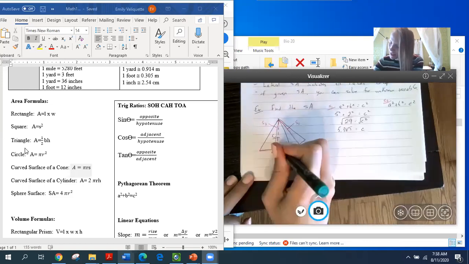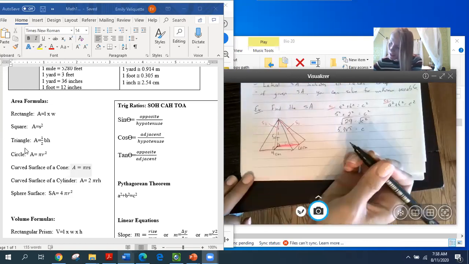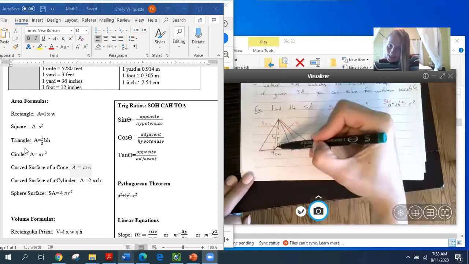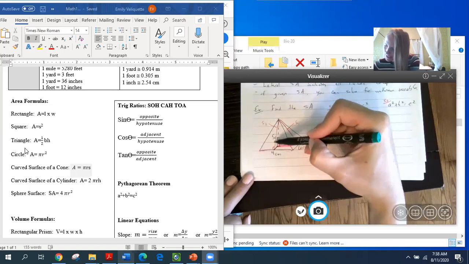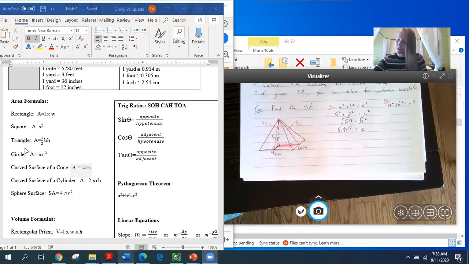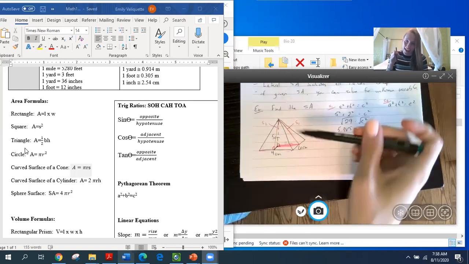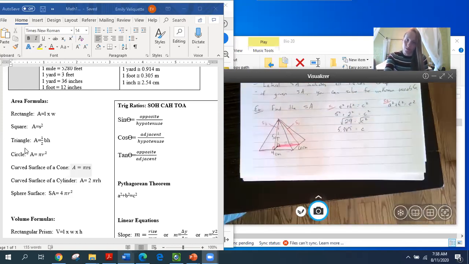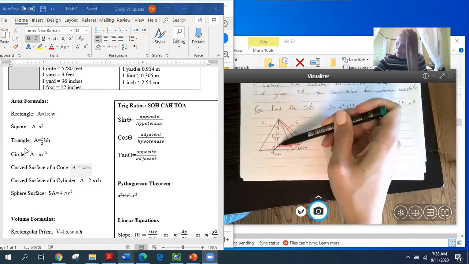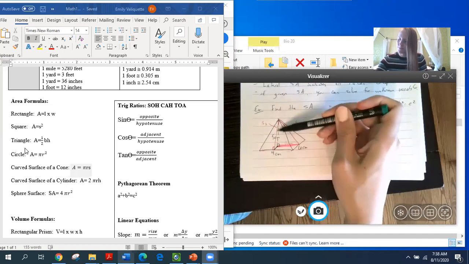And so our right triangle is going to be right here, using this height, this length, and then our slant height. If I were to rotate this 90 degrees, it would look like a right triangle like this, but it's coming out of the page towards you, which is why it doesn't really look like a right triangle. But try and picture this triangle right here coming out of the page towards you.